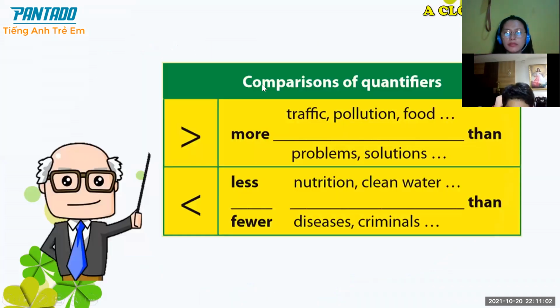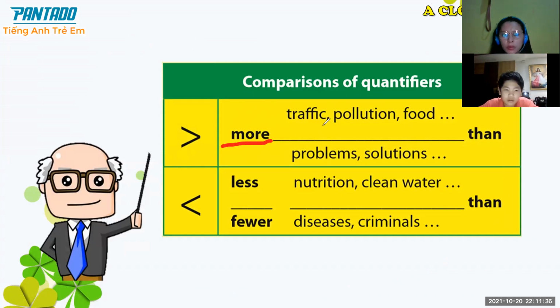So here are some comparisons of quantifiers. As you can see here, there are comparisons. The first one is more. When we talk about more, it means you're comparing two things, two ideas.